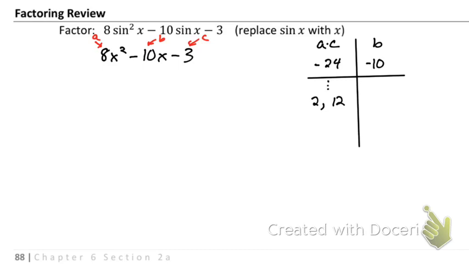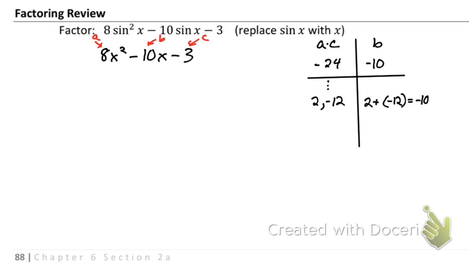So you might try a bunch of stuff to start off with. Well, 2 and negative 12 equals negative 24, and 2 plus negative 12 equals negative 10. So 2 and negative 12 are those two numbers that work in both those columns.